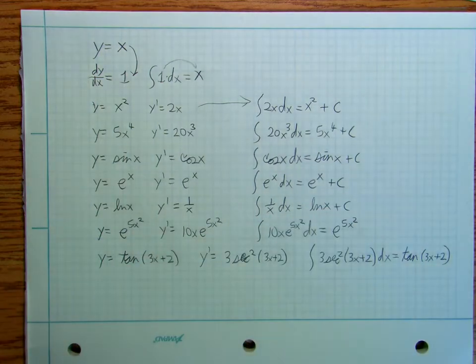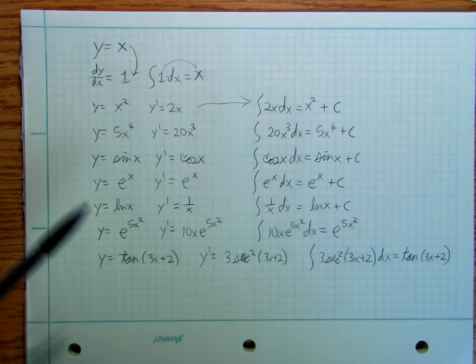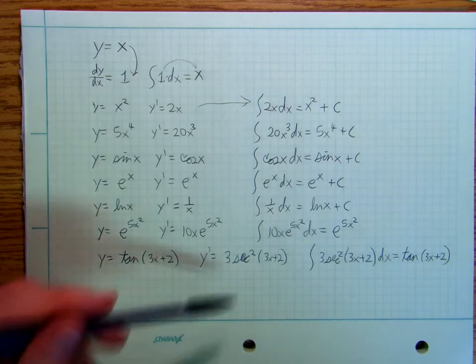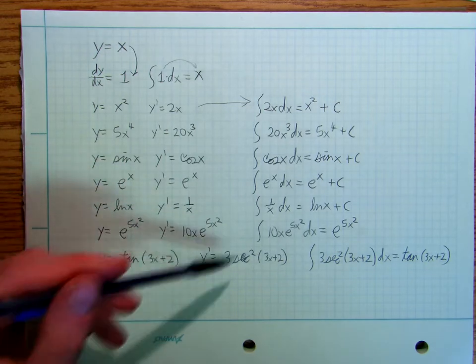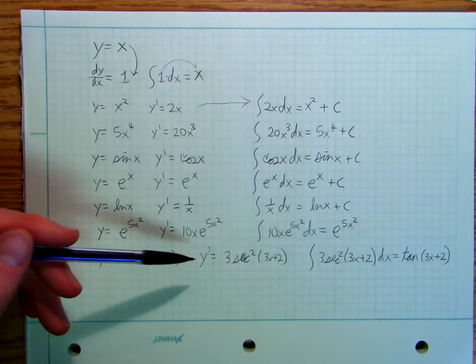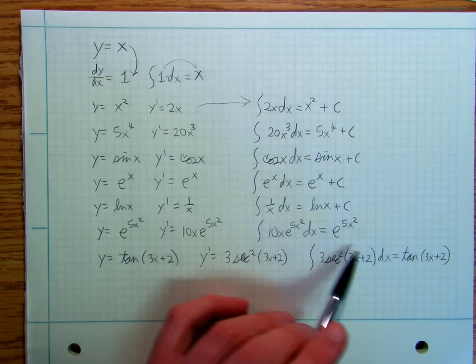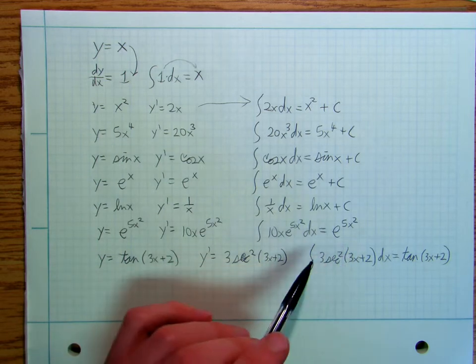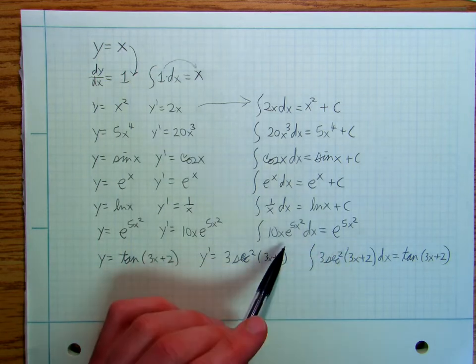Okay, so it all looks so simple when I'm doing it, and obviously there's a lot more to it, and we're going to get into that. We're going to learn some methods so that if you're confronted with something that's not one of these simple ones, how can you work your way back to the function that it's the derivative of?